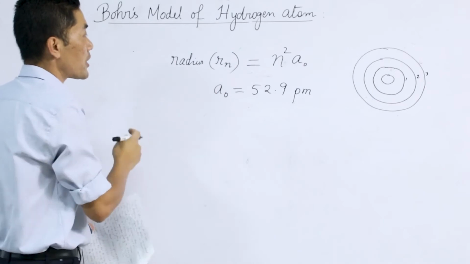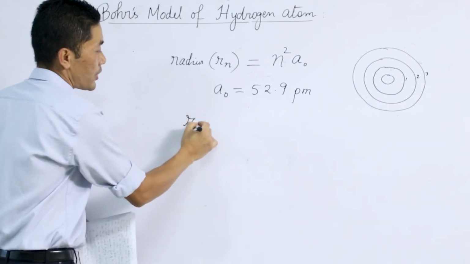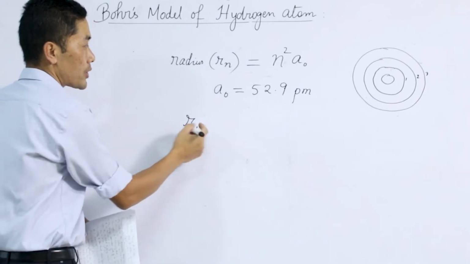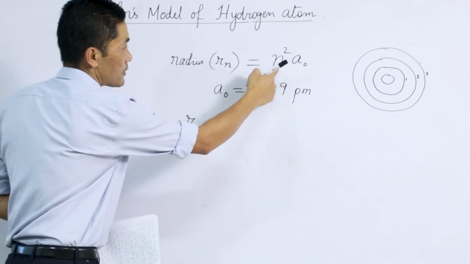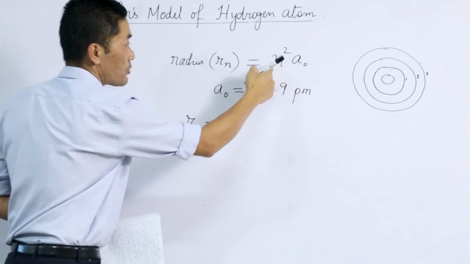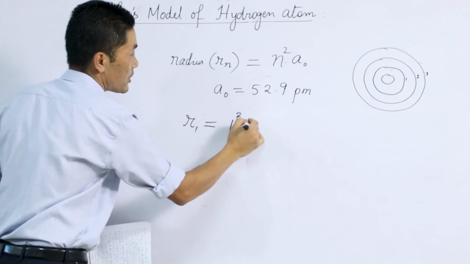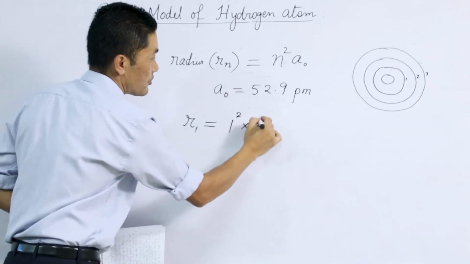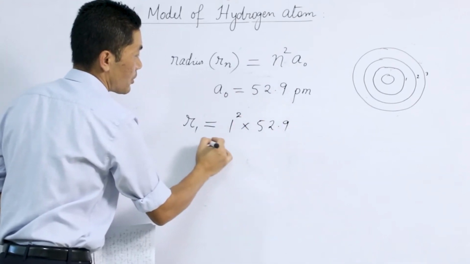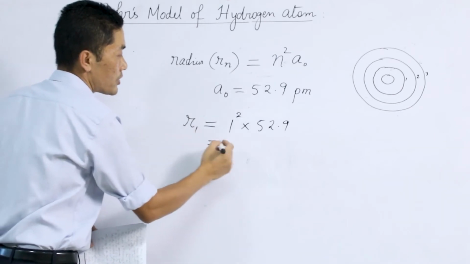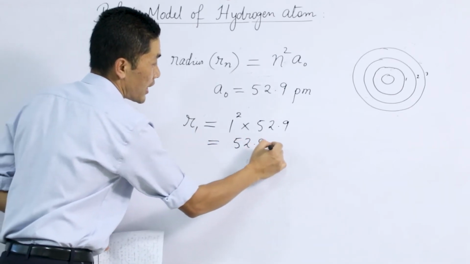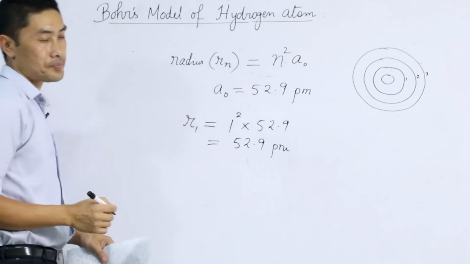If we take the first orbit, then we can write R1, the radius of the first orbit, equal to, since it is the first orbit, n will be 1, so 1 squared into a naught, whose value is 52.9. So the radius of the first orbit will be 52.9 pm.